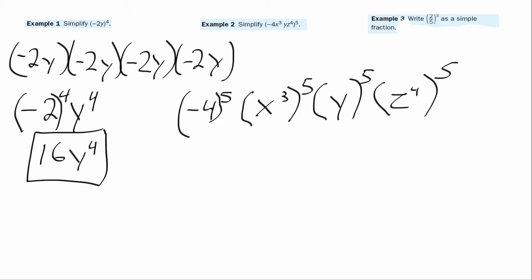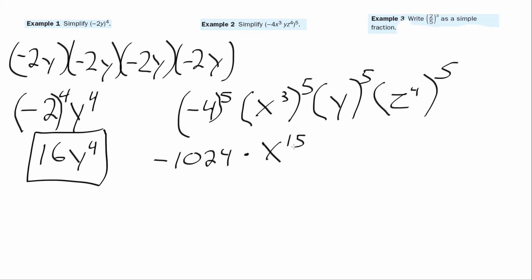For the first one, I can just do it. It's an odd power, so it's going to be a negative result. So negative 4 raised to the 5th power is going to equal negative 1024, and that's times, this is the power of a power, so it's 3 times 5, and that would be 15, x to the 15th.